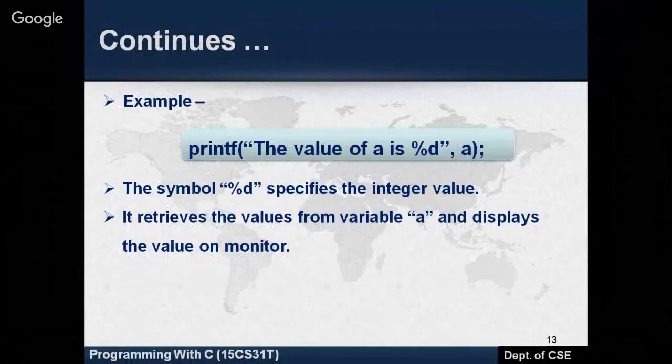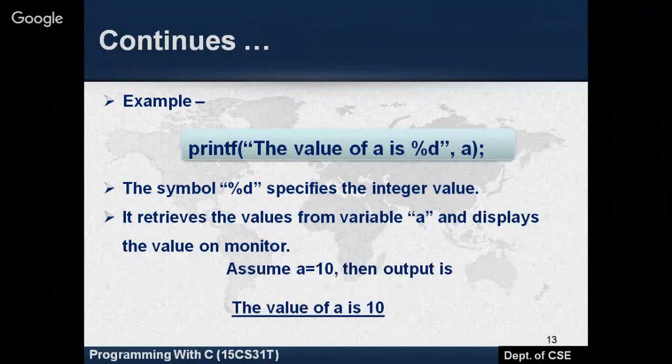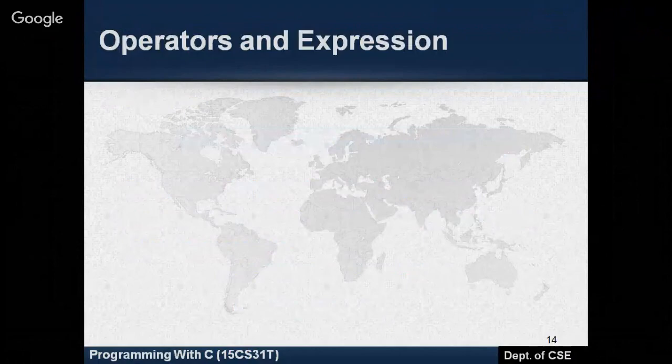It retrieves the value from the variable a and displays the value on the monitor. So the result is: the value of a is 10. Assume a equal to 10, then the value of a is 10. So these we call the printf and scanf statements.